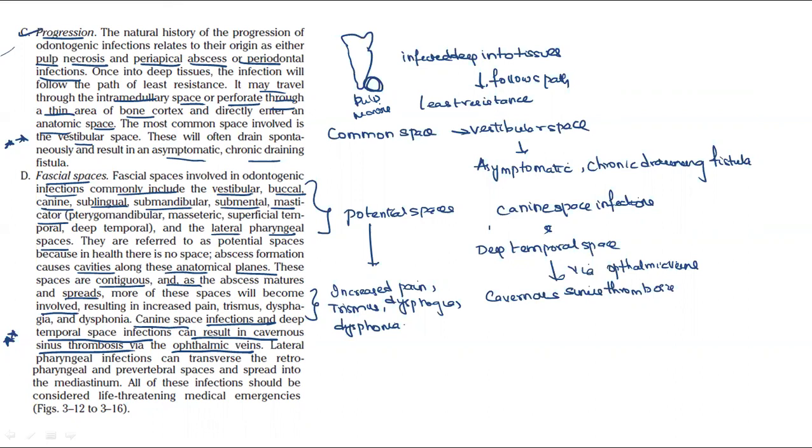It can lead to a medical emergency, and the patient might present with increased pain, trismus, dysphagia, and dysphonia. Canine space infections and deep temporal space infections, via the ophthalmic veins, can cause cavernous sinus thrombosis, which is a highly dangerous condition.